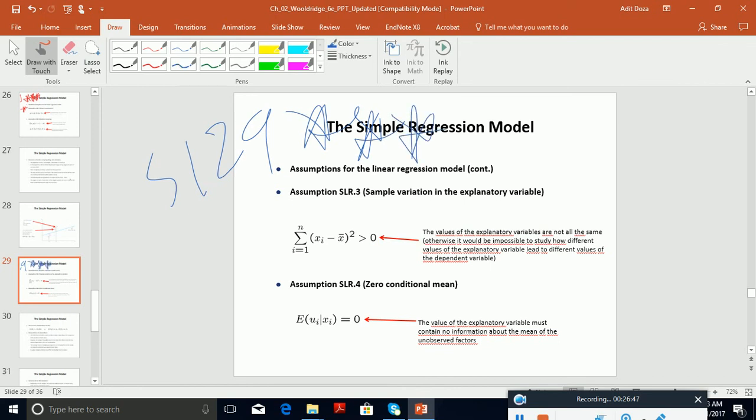Zero conditional mean means that your independent variable does not contain any information about the mean of the unobserved factors. For example, if your level of education does not contain any information about your ability, then it satisfies the zero conditional mean. But in the real world, it does have some information about ability.